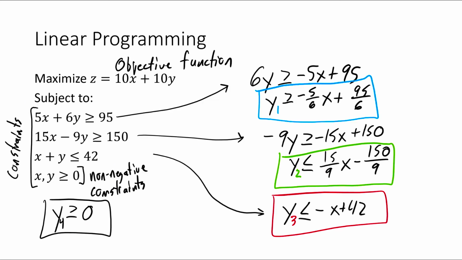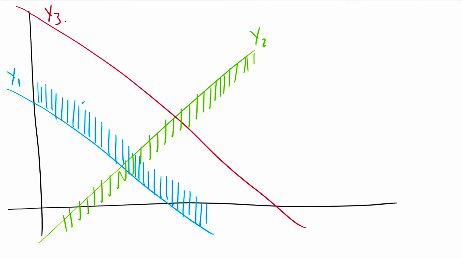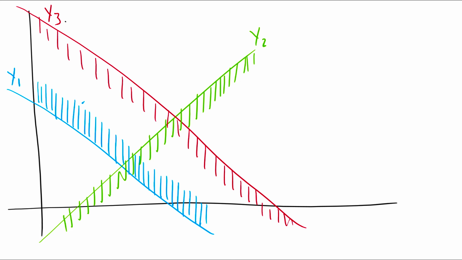And then y3, it was less than or equal to as well, so we'll shade below that one. Then we're also told that x and y are greater than or equal to 0. And so that means we are constrained to the top right quadrant of our graph, which is what we see here.